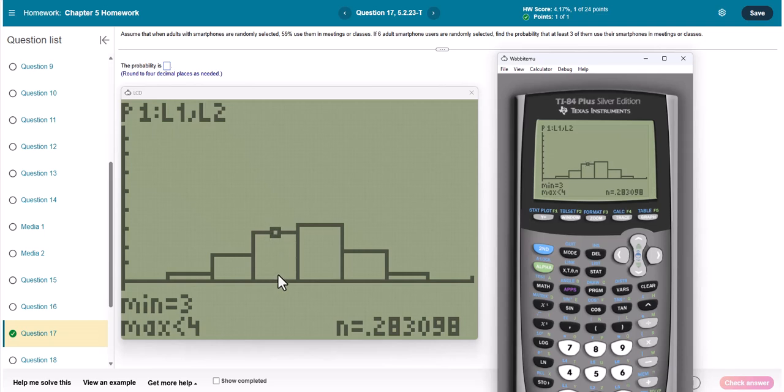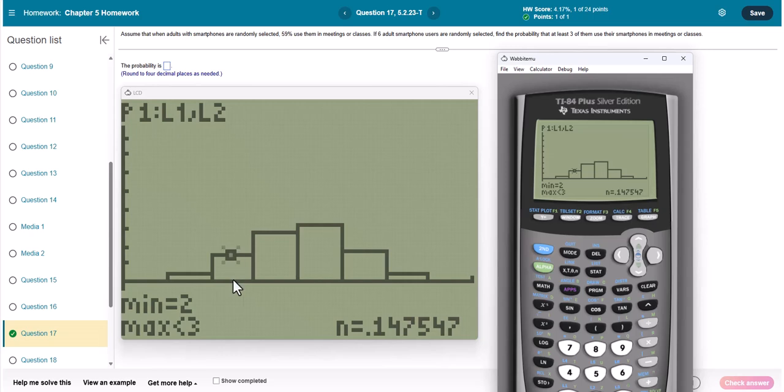So one way to trick the calculator into doing what we want is to take the total of all the probabilities, which we know is 1 because this is a probability distribution, and subtract off the probability of 0, 1, or 2.